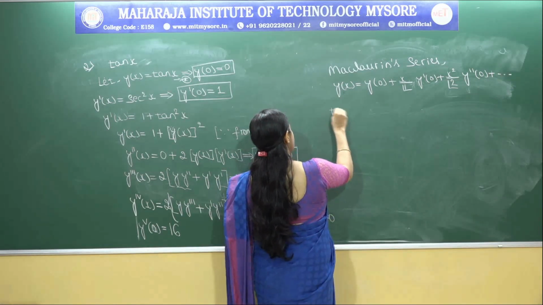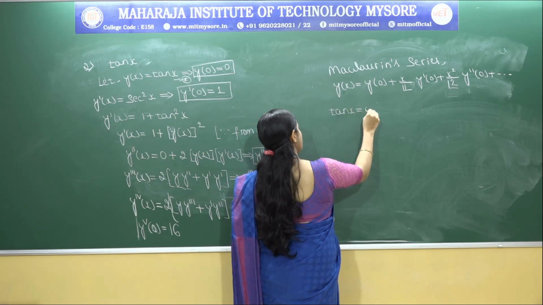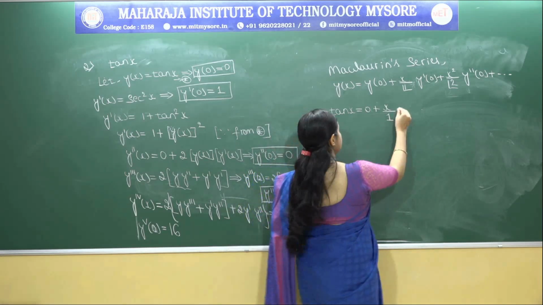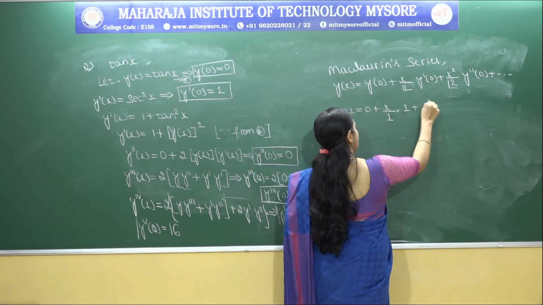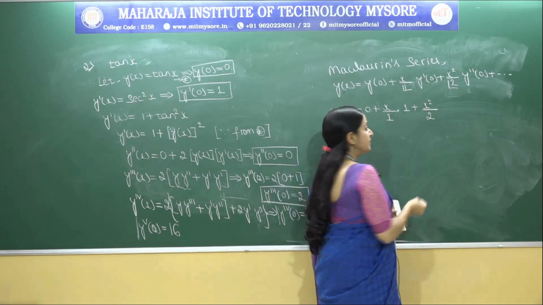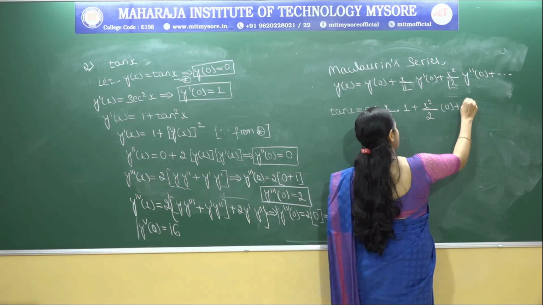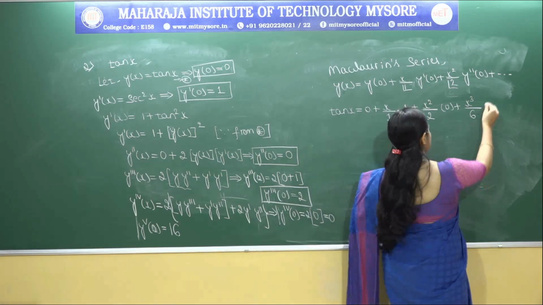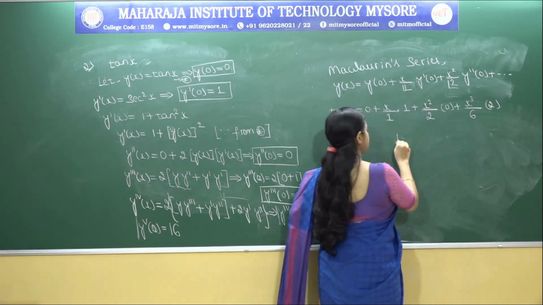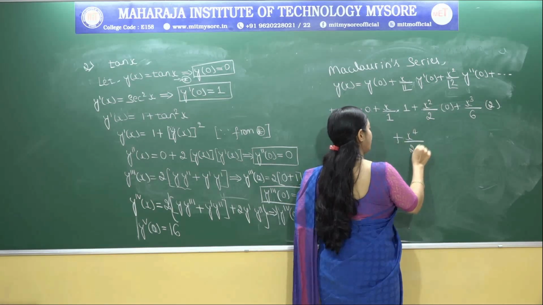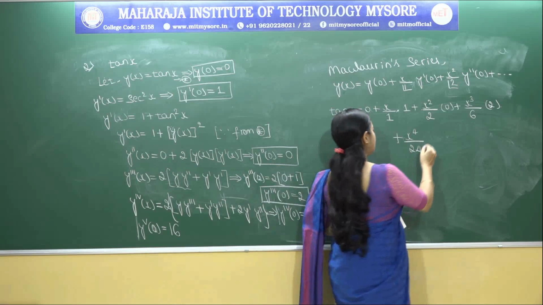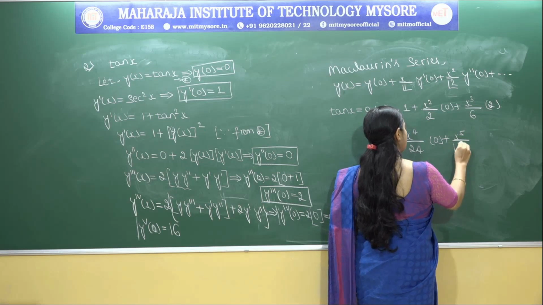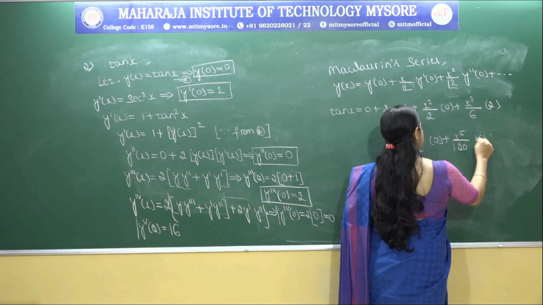So the y of x, the given function is tan x, first term 0, x by 1 factorial is 1, the y dash of 0 is 1, x square divided by 2 factorial is 2, the second derivative of the term is 0, x cube divided by 3 factorial is 6, the third derivative of the term is 2, plus x power 4 divided by 4 factorial is 24, the fourth derivative is 0, x power 5 divided by 5 factorial is 120, the fifth derivative is 16.